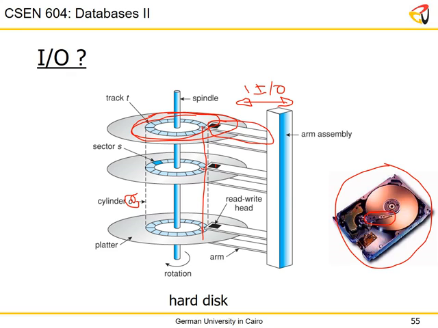The worst mechanical thing that could happen here is the movement back and forth of this arm. Why? Because we have many sectors along this surface. So this arm moves towards the center, towards the spindle, and back. Every movement is one I/O. Every time we move and stop, that's one I/O. Now, what we're trying to do is minimize this movement.